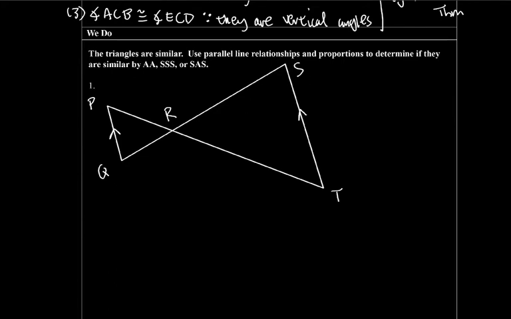Okay, so something you may have written down is that PQ is parallel to ST. So that's very important. So let's extend that real quick so that we can see things a little bit more easily in the way that we're used to. We'll leave that white line there.